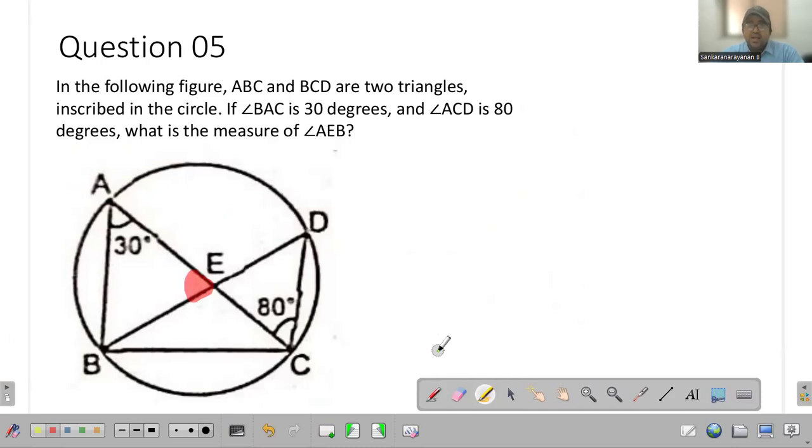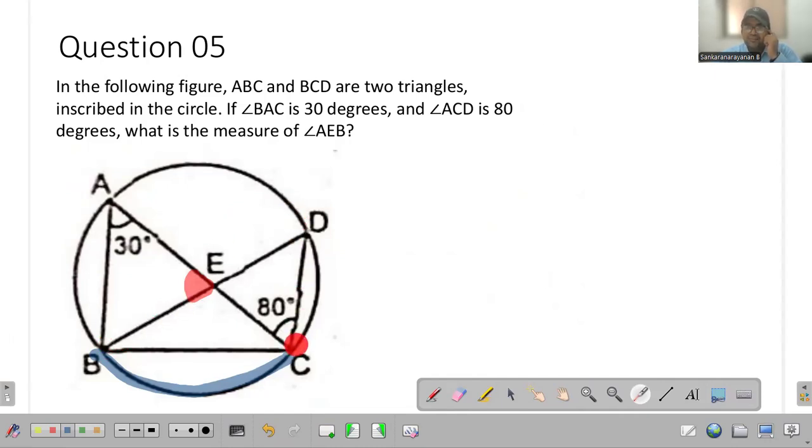Now, I want you to focus very carefully here. Don't you see that this is one part of the circumference, BC? Focus here, B to C. Angles within that BC: you can see that there are two here. One is BAC. You see that is 30 degrees. In the same manner, within this portion of the circumference BC, we have this BDC.